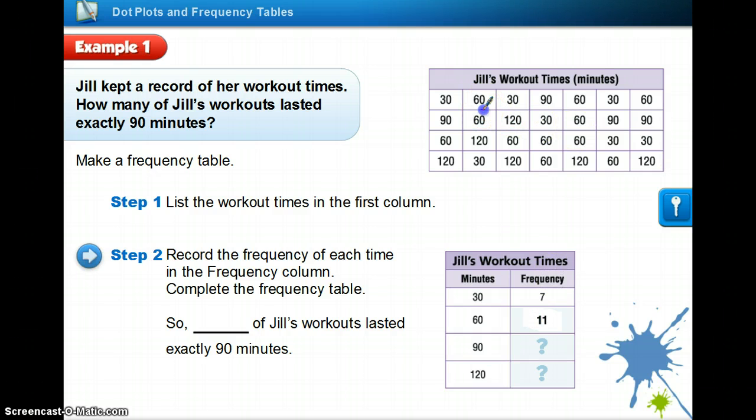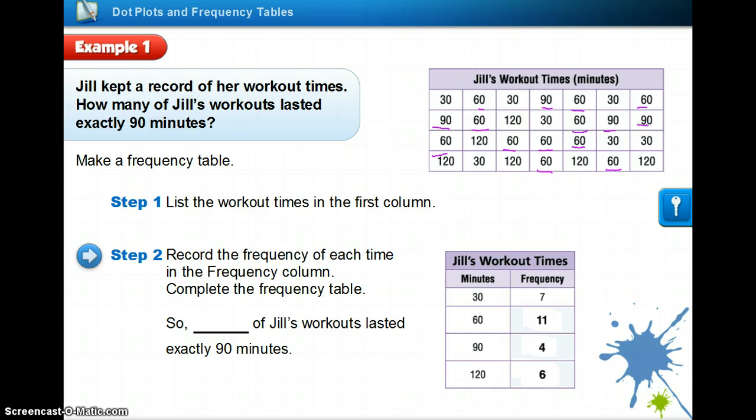So if we look at that, 1, 2, 3, 4, 5, 6, 7, 8, 9, 10, 11. So 11 times. If we look at 90, it's 1, 2, 3, 4. I think it's 4 times. Yep. And then 120 would be 1, 2, 3, 4, 5, 6. 6 times.